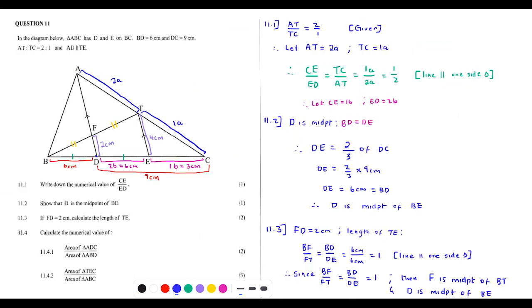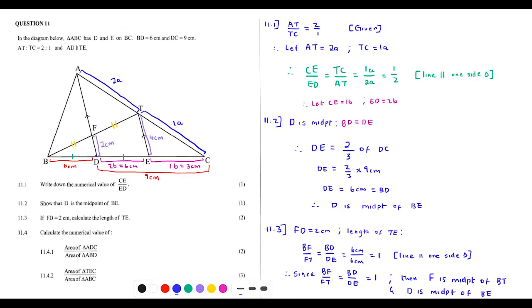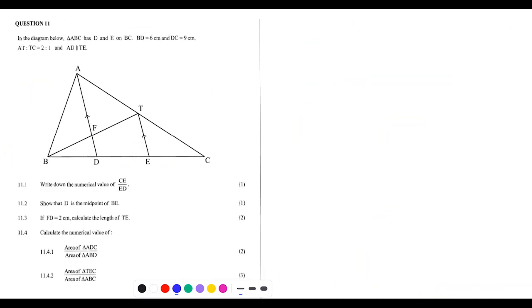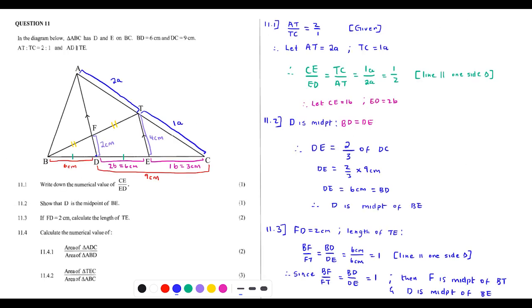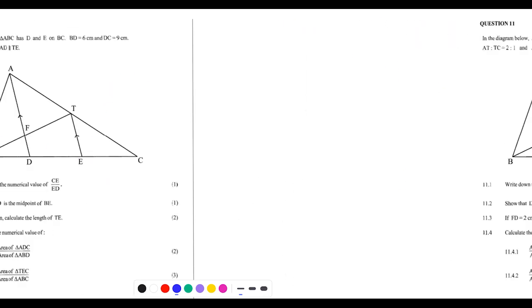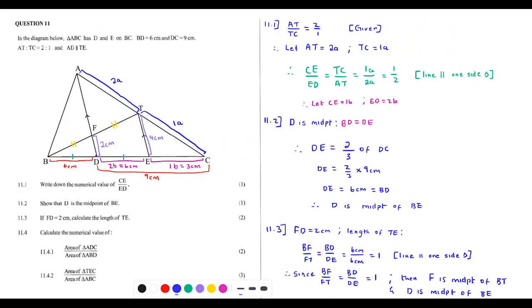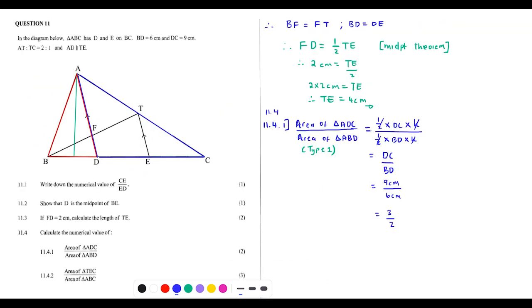Firstly, we do have TC. TC is 1A. And EC, we actually have the length there, that is 3 centimeters. What about AC? AC is 3A, as you can see there. What about BC? BC is 15.